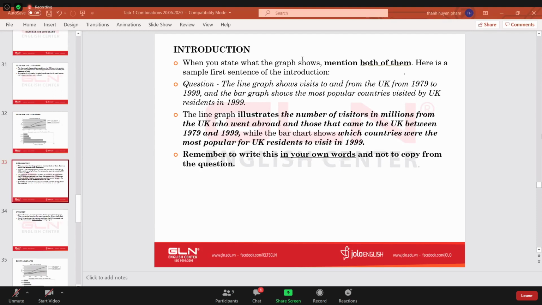We simply changed it round to which countries were the most popular. And the question says visited by UK residents in 1999, and we've changed it to for UK residents to visit in 1999. So we haven't really introduced any new vocabulary. We've just played around with it, and in 2 or 3 instances just changed the format.